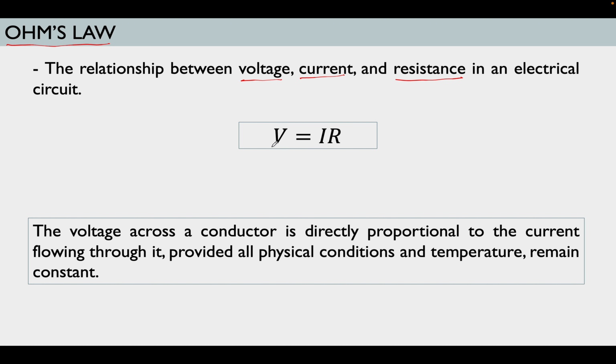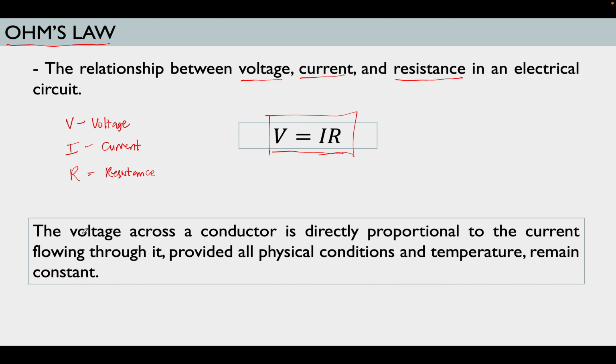Our equation for Ohm's law is V equals IR, where V is for the voltage, I is for the current, and capital letter R is for the resistance. Here are the terms together with their symbols. They all have capital letter symbols: V for voltage, I for current, and R for resistance. So this is the relationship between the current, the resistance, and the voltage.